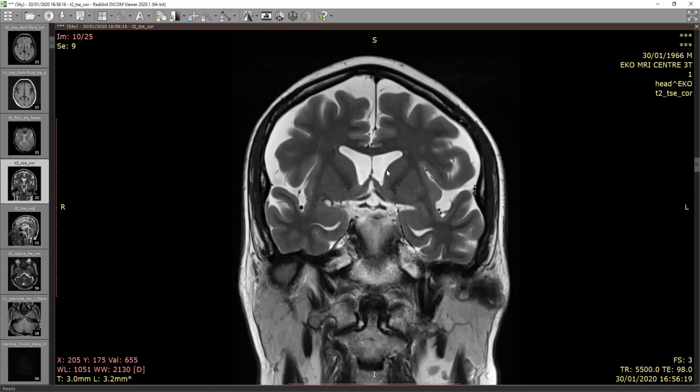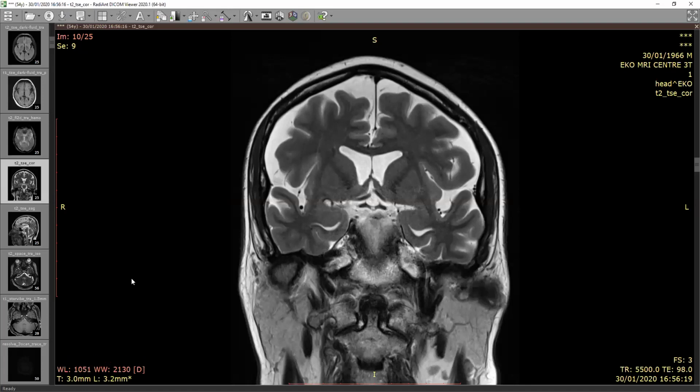Now imagine if there was a small hyperintense plaque of multiple sclerosis here. If the ventricle is hyperintense, differentiating that hyperintense plaque from the hyperintensity of the ventricle would have been difficult.